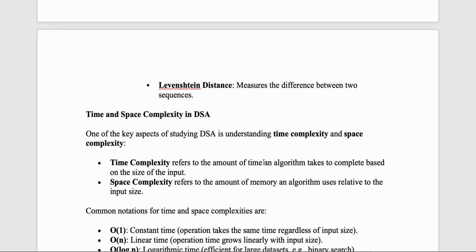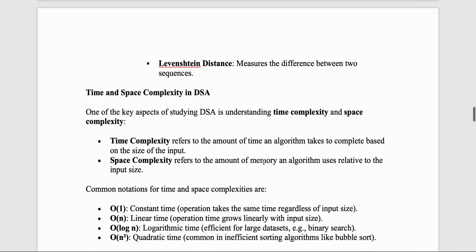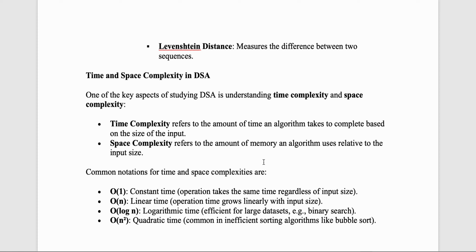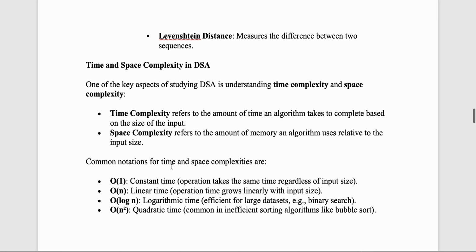Everything is related to the input size. They are also divided into three types: best case, average case, and worst case. We have big O, big omega, and big theta. This implementation we will see.